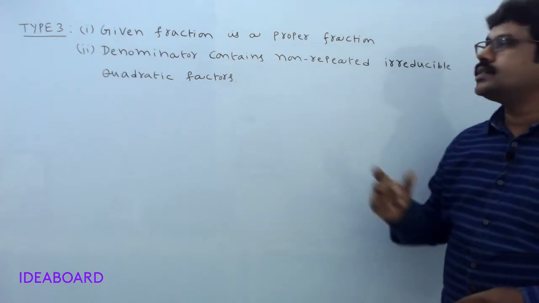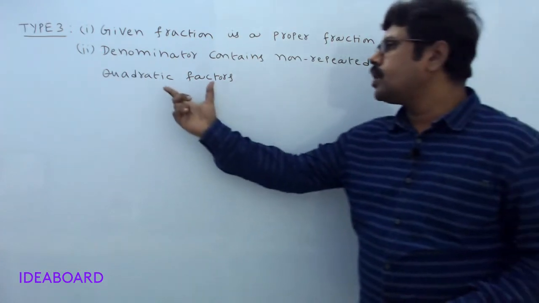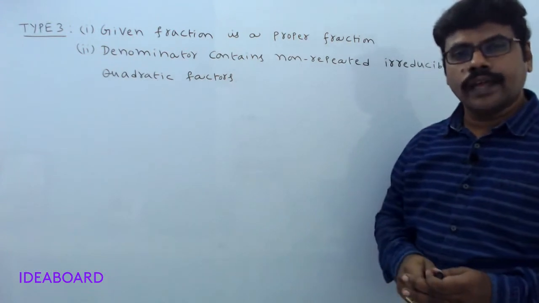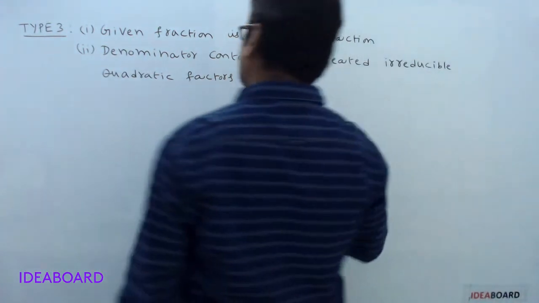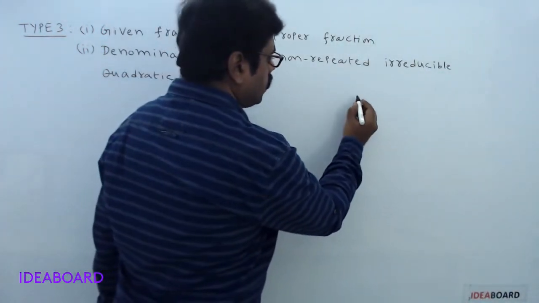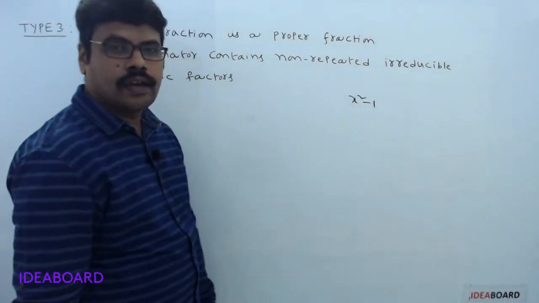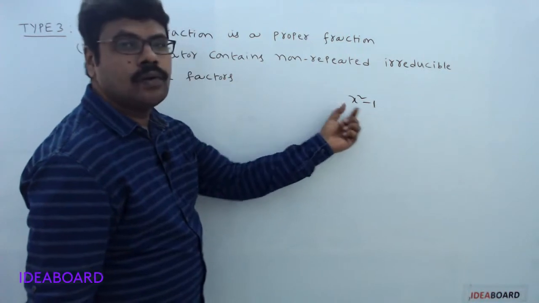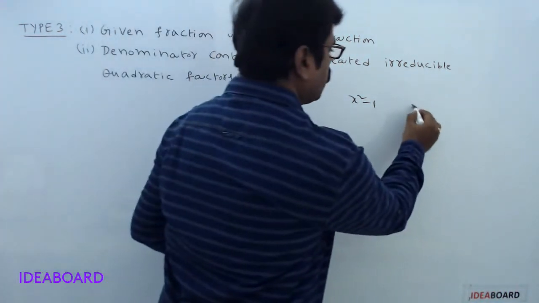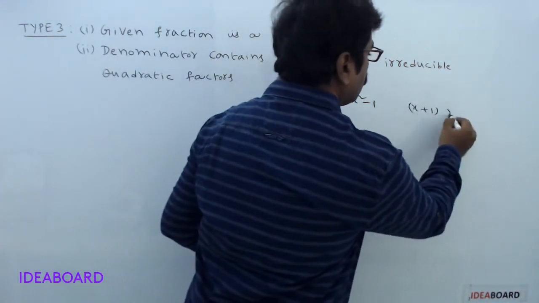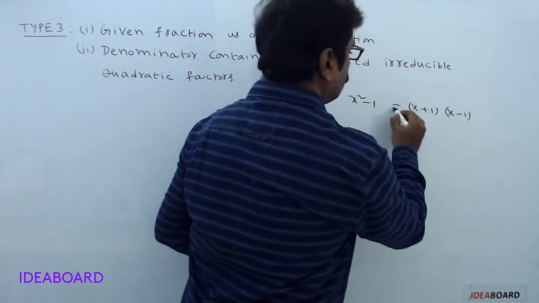Now what are irreducible quadratic factors? Take an example, something like x square minus 1. Here we can reduce it into a product of linear factors, x plus 1 and x minus 1.